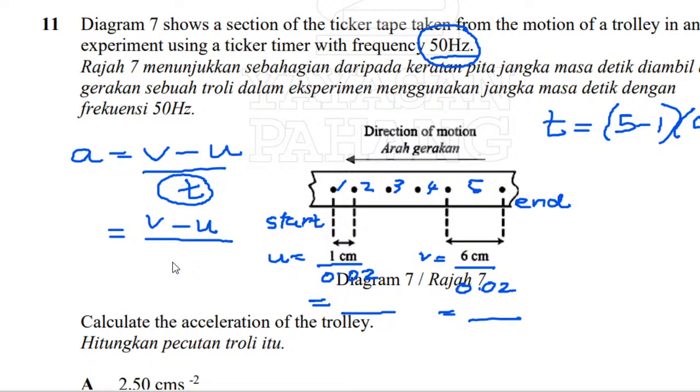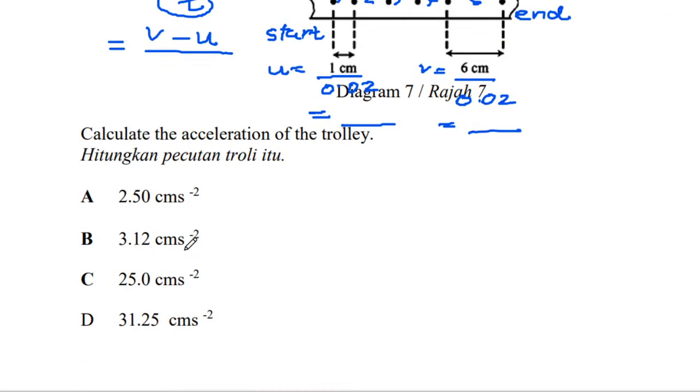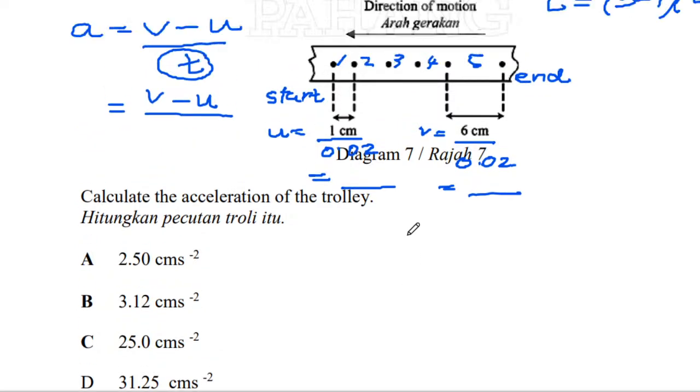So what is your answer? Show you the option. The unit given is in centimeter. Three one two five. Is it 3125?